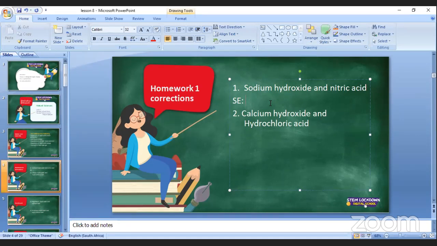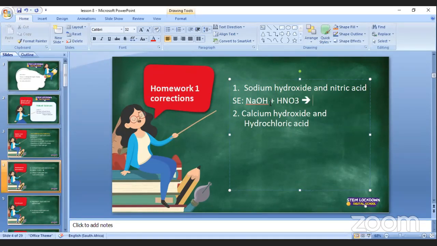We are doing corrections. First thing, you were to turn this word equation into a symbol equation. That is sodium hydroxide, reacting with nitric acid. We all know nitric acid is HNO3. What do we get when sodium hydroxide is reacting with nitric acid?